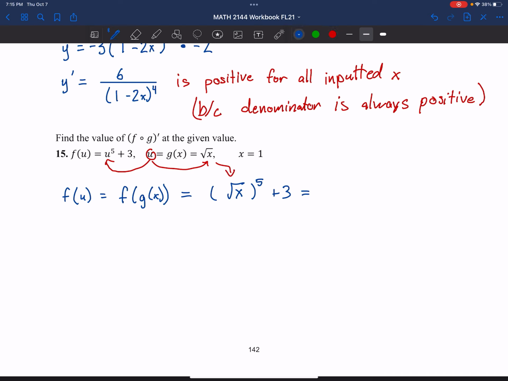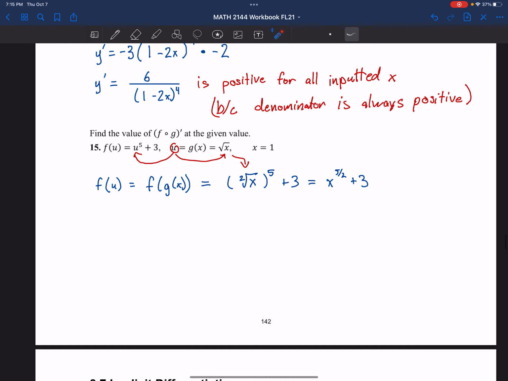Again, you could then use some properties of exponents. This is the square root, so this is x to the 5 halves plus 3. So it's a little easier to take the derivative of this. So if you take the derivative of this and then plug in 1, it'll also give you the same answer. So just wanted to help you out with that.